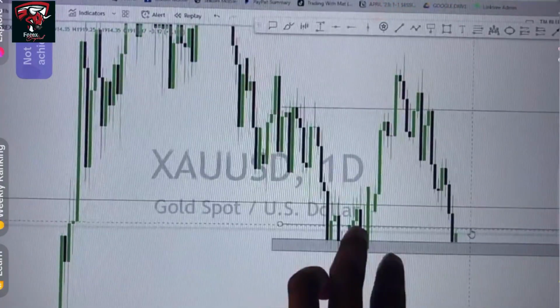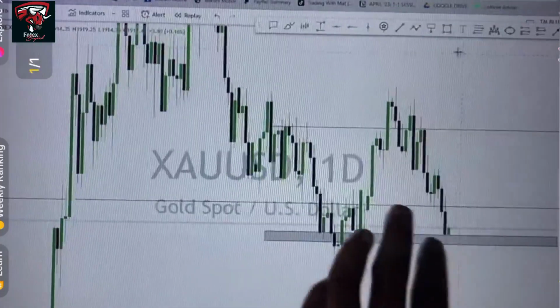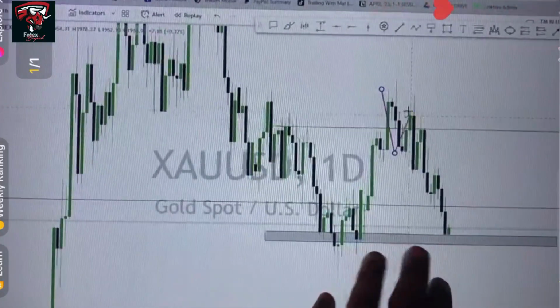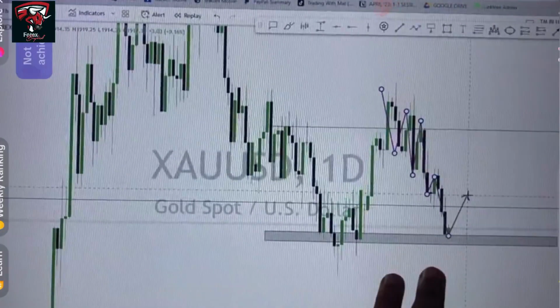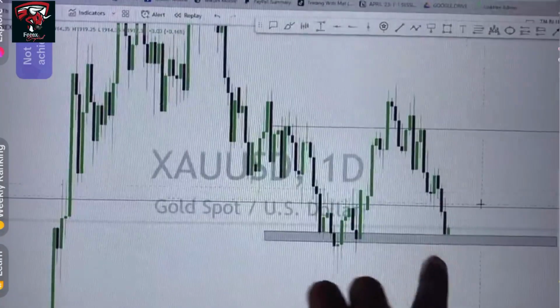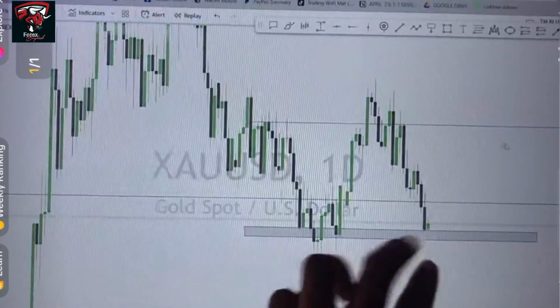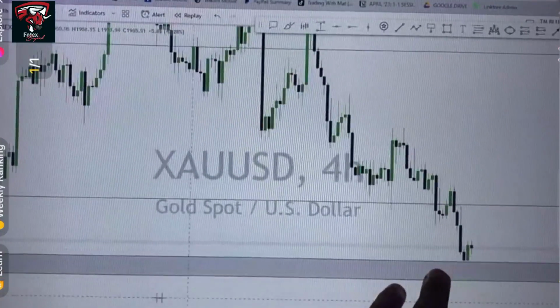Let me forget this for now. If the market has been selling like that, I need a retest here if it wants to continue coming down. But on the 4-hour time frame, I can see it's creating a continuation. Not the 4-hour, the 1H. I think that's where I saw it.